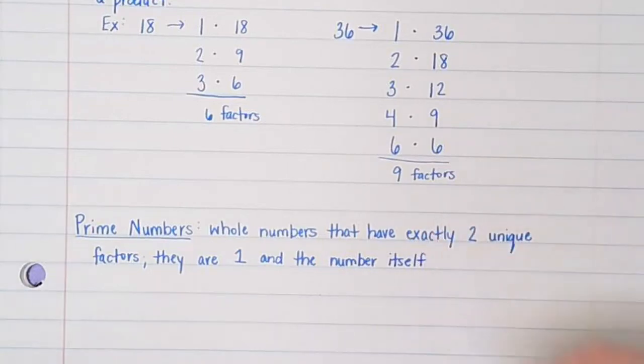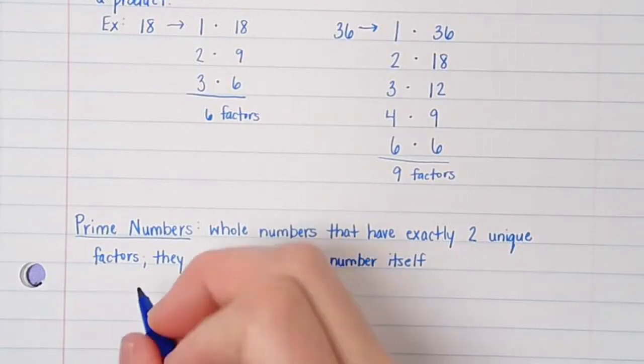Alright, so if you weren't sure what unique means, it says the whole numbers that have exactly two unique factors. What unique means is that they have to be different. Alright, it can't be the same number listed twice. Okay, so it just has to be two different ones.